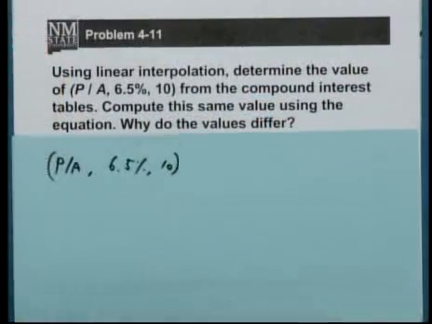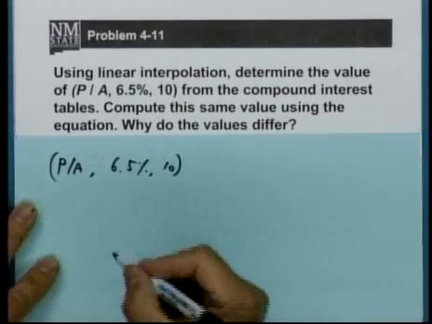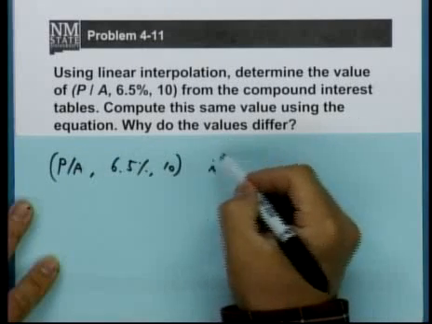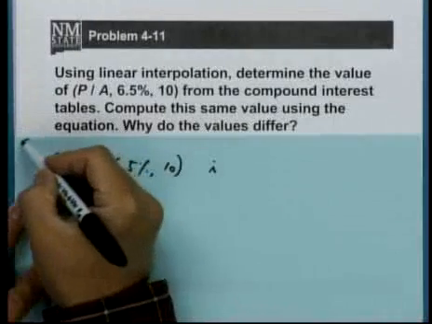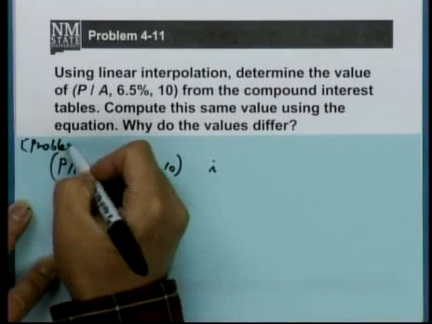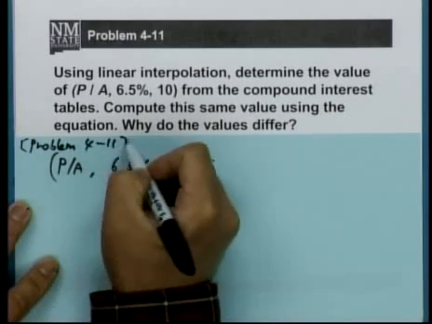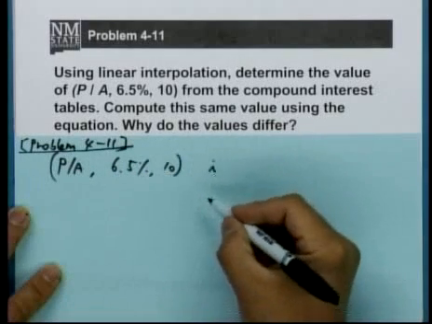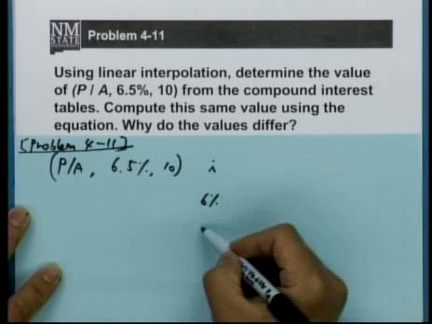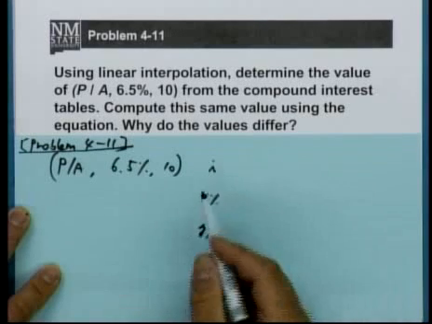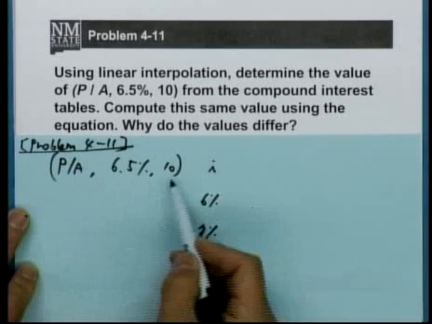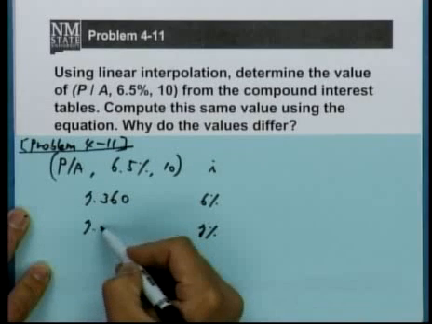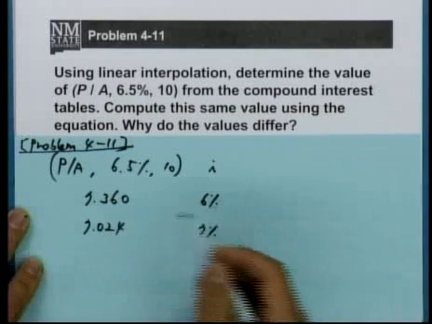So let me make a table. I%. Okay, this is the problem number 4-11. And I is going to be 6% and 7%. And the corresponding vector values 7.360 and 7.024. Okay.